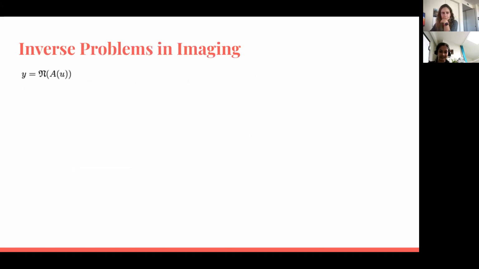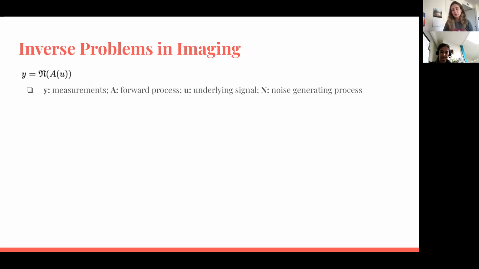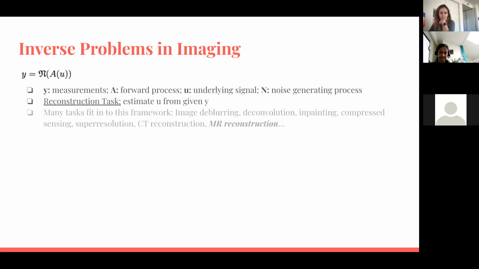Got it. Thank you. So first, let me formally define what an inverse problem is. So you have measurements y, in this case in k-space, and you have a forward operator called A that gets these measurements from the underlying signal or image u, and then there's a noise generating process that's involved in this. And the reconstruction task is essentially estimating your underlying signal from the given measurements y.